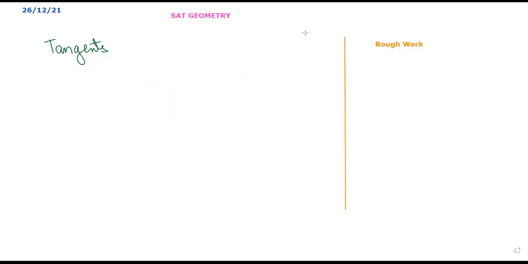Let me draw it first. So this is a circle and we have a triangle in this case. It's basically going from this point to this point. Then this is going from here to here.